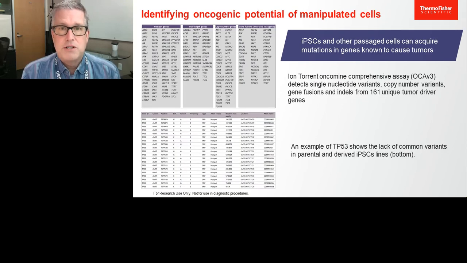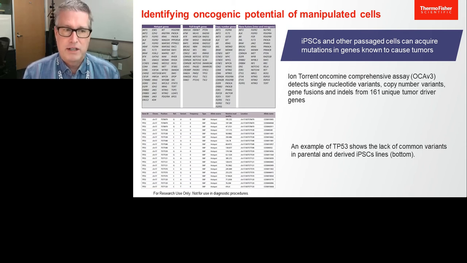Another thing you might want to do is to look for the oncogenic potential of these manipulated cells. By passaging them in culture, you can introduce novel mutations, and you will particularly want to check whether or not you have introduced mutations in hotspot genes that are known to be oncogenic.